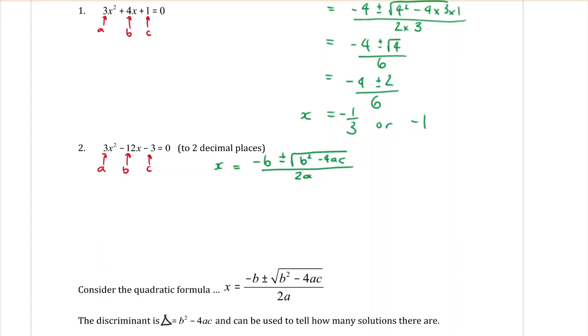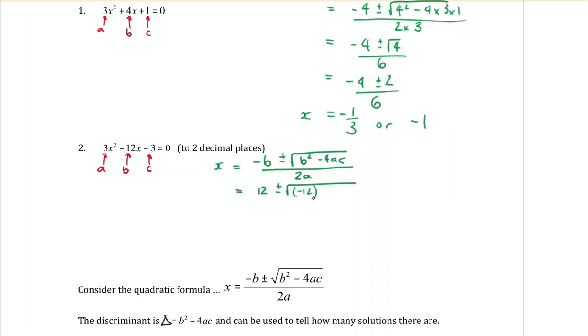Minus b, plus or minus the big square root, b squared minus 4ac, over 2a. So then we want to substitute in. b this time is minus 12. If I have a minus in my formula and b is minus 12, it's going to make it positive. So positive 12 plus or minus the big square root. The b squared, b is negative 12.